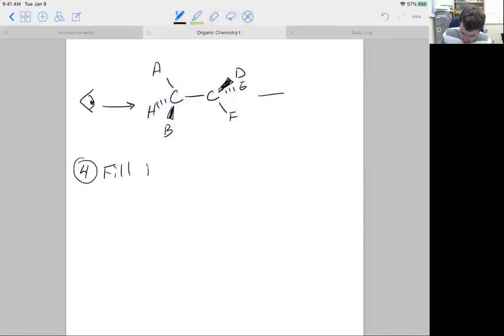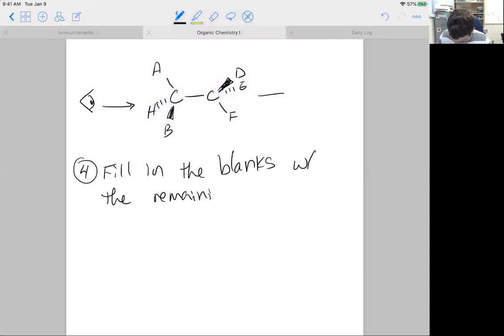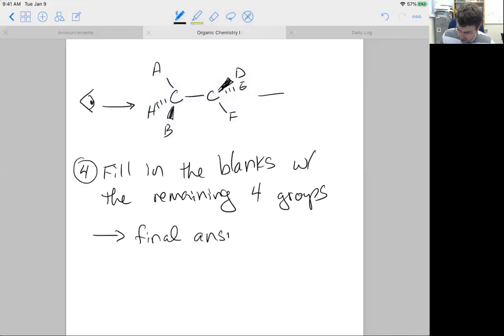Fill in the blanks with the remaining 4 groups. Okay, the remaining 4 groups. And here's the idea. The final answer has no blanks. No blanks in the final answer.